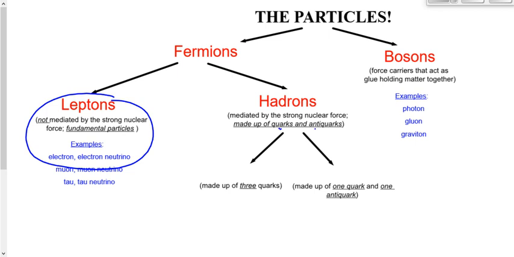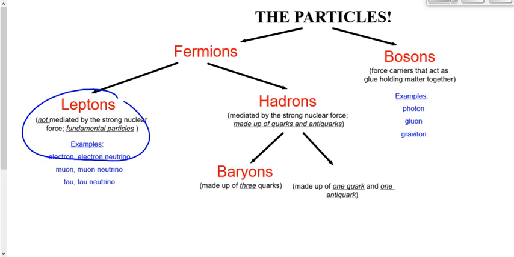Now, these quarks can arrange themselves in different ways to produce different types of hadrons. The type of hadron that we're concerned with is the baryon. The baryon is made up of 3 quarks, specifically a combination of up and down quarks. There's 6 types of quarks, by the way.